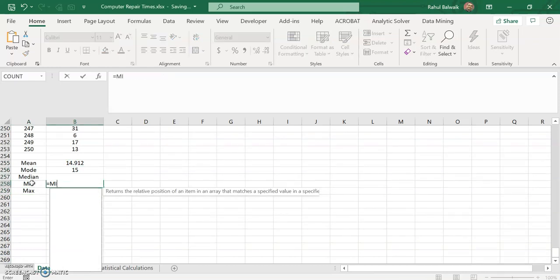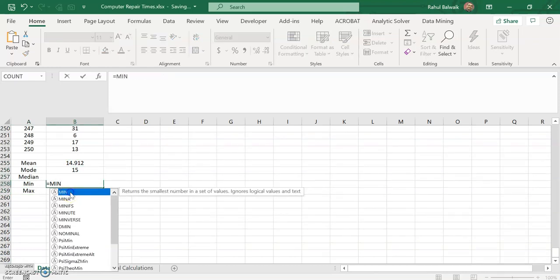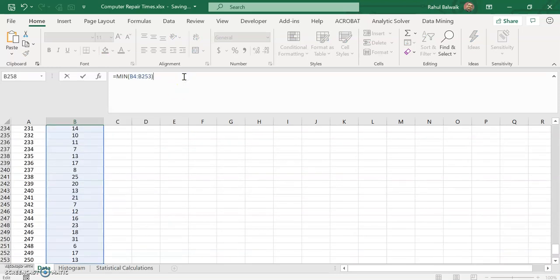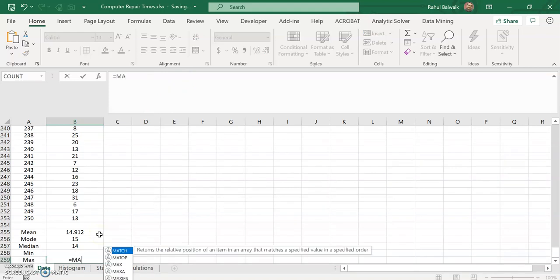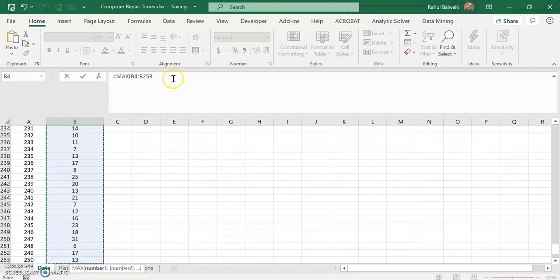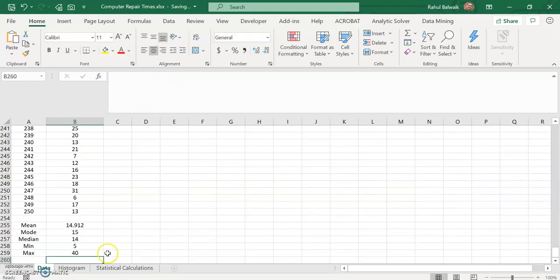To do that, we'll use the min function, and to find out the maximum we'll do the same. So we have minimum as 5 and maximum as 40. Okay, so we'll start with say 0 number of days and go up to 40.